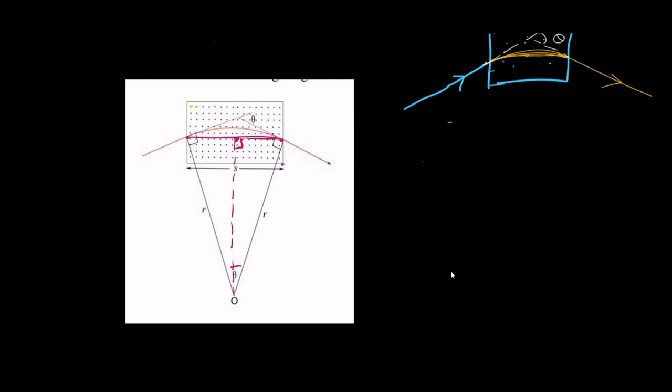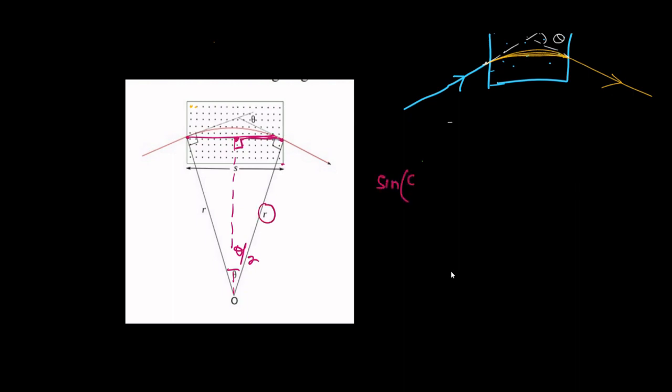Now it becomes a right angle triangle. If I consider this angle, it's theta by 2, opposite is s by 2, and hypotenuse is r.